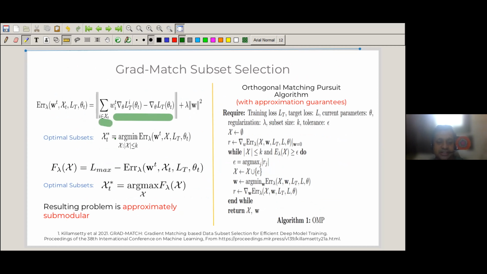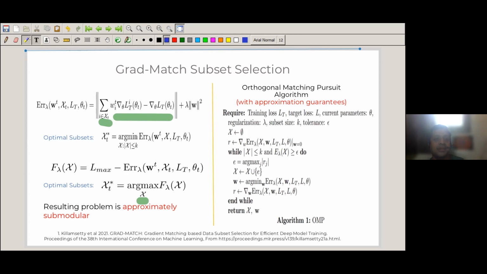This is for a subset X_t. Now here the w itself is not predetermined. The w itself is part of the optimization problem, so we try to learn the w's as well. We want to learn both the weights w and the subset X. And it turns out that this resulting problem is approximately submodular.